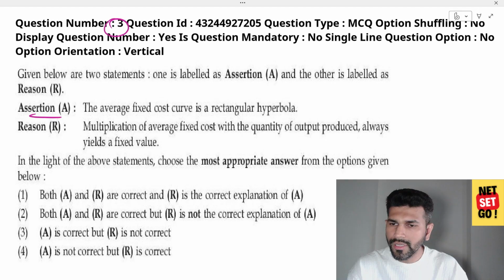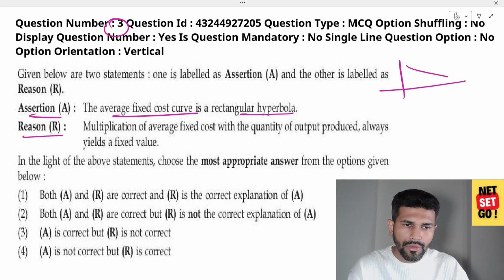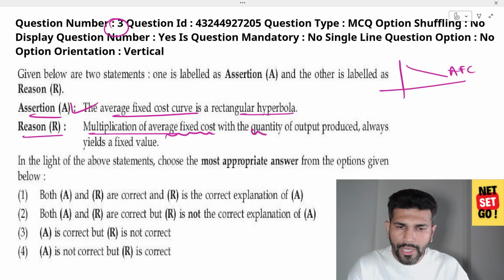Next, assertion, reason. The average fixed cost curve is a rectangular hyperbola. Correct? A rectangular hyperbola looks like this. Average fixed cost is downward sloping from left to right. The assertion is correct. Reason: multiplication of average fixed cost with the quantity of output produced always yields a fixed value. Correct?